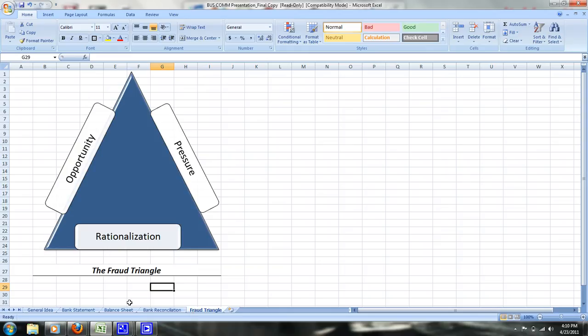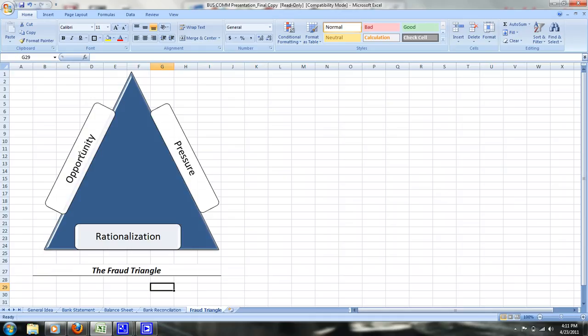That's why I put this extra little spreadsheet on here about the fraud triangle, which if you've taken auditing or accounting fraud, you're probably going to discuss. Basically, when most frauds occur, there are three separate things that take place.